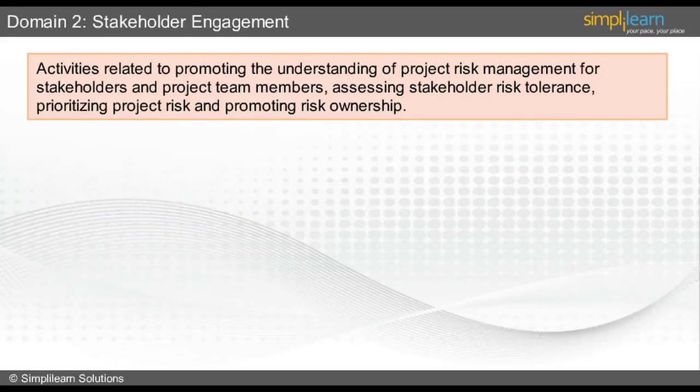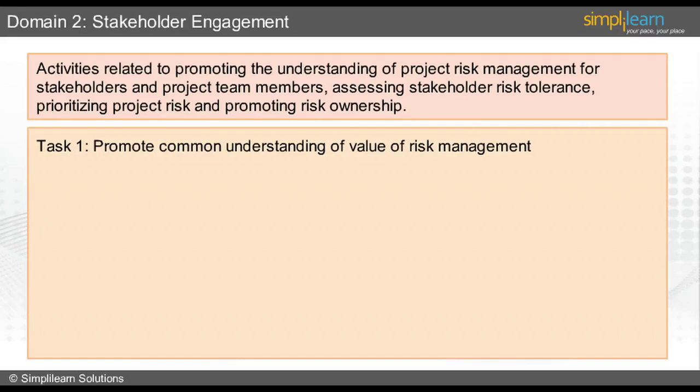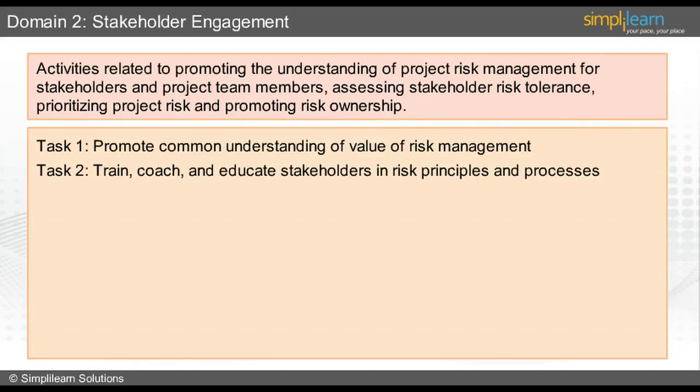They are: the first task is to promote a common understanding of the value of risk management using interpersonal skills in order to adopt a level of risk ownership. The second task is to train, coach, and educate stakeholders in risk principles and processes to raise the engagement in risk management.